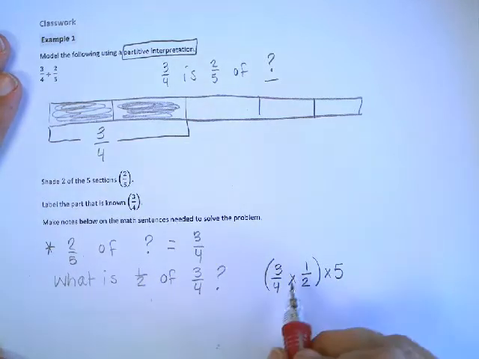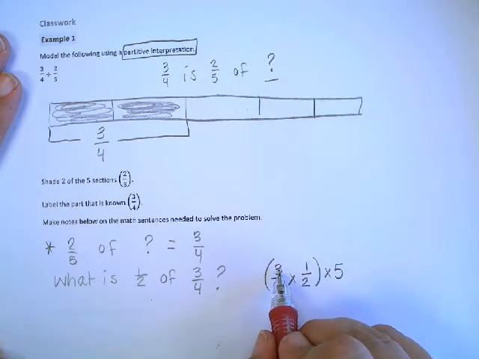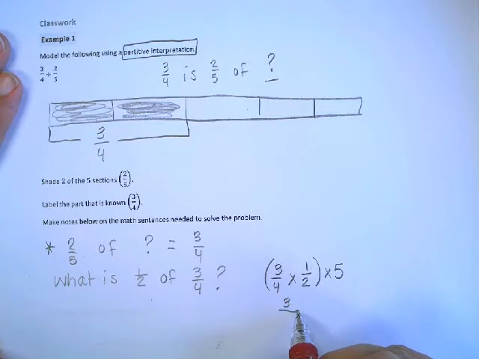And if I solve this, the first thing I'm going to do is 3 times 1 is 3, 4 times 2 is 8. So now I have 3/8 times 5.